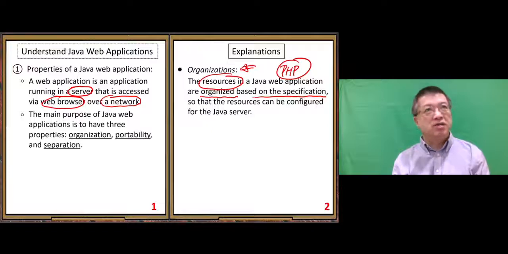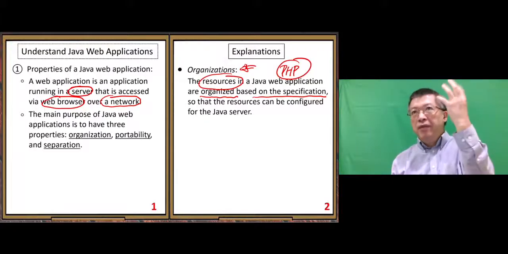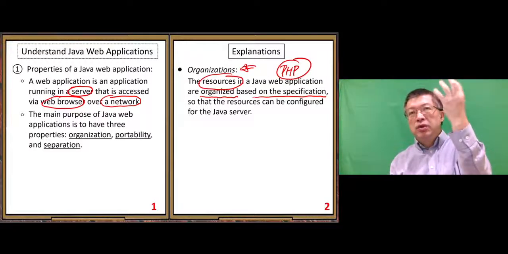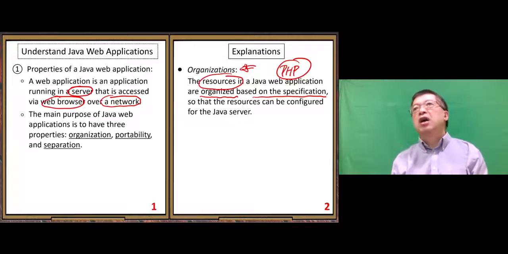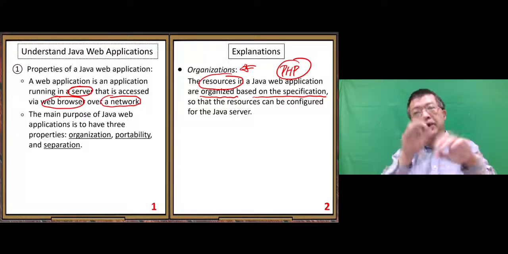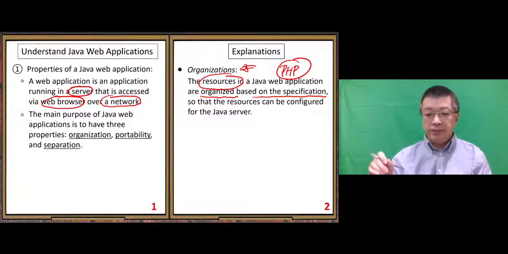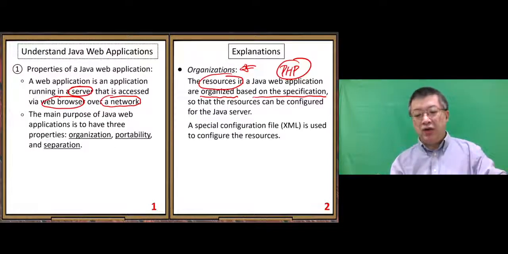Many enterprise level features, advanced features. In order to run those special advanced features, special configurations are needed. So that's why its structure is a little more complicated. All right, so the first property, organization.